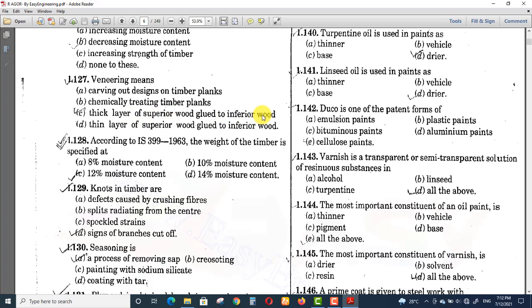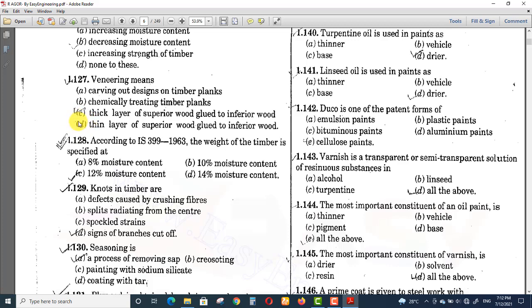As I already told you, veneers are thin slices of wood that are typically glued onto plywood panels to make one panel of ply. Option C says thick layers of superior wood glued to the inferior wood, and option D says thin layers. I guess in this book the right option given is C, but for me the right option is D.